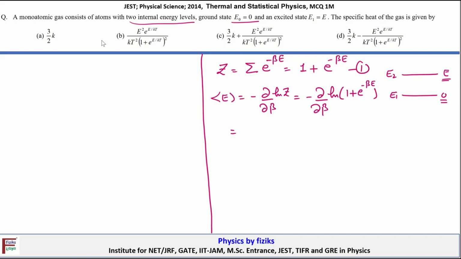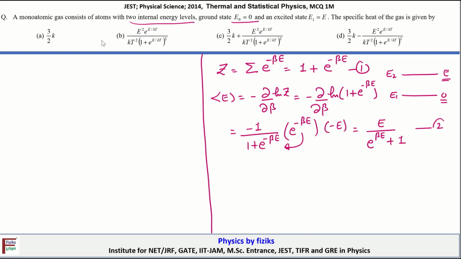That turns out to be equal to minus 1 divided by (1 plus exponential minus beta E), times exponential minus beta E, and then the differential of the exponent with respect to beta gives another minus E. After rearranging all the terms, this comes out to be E divided by (e power beta E plus 1).